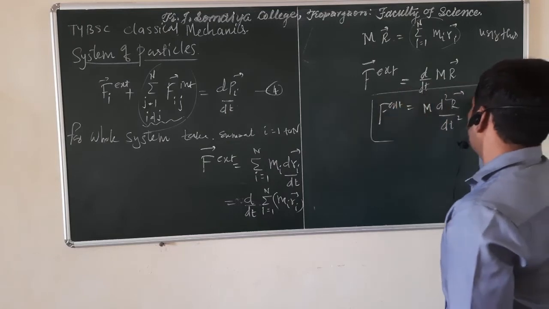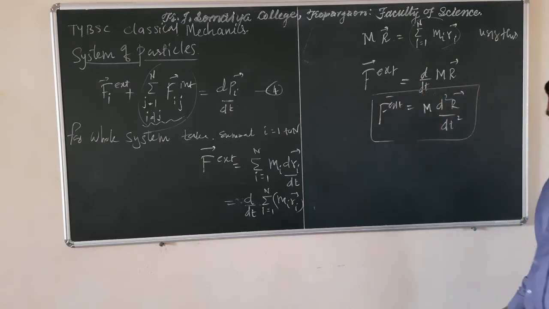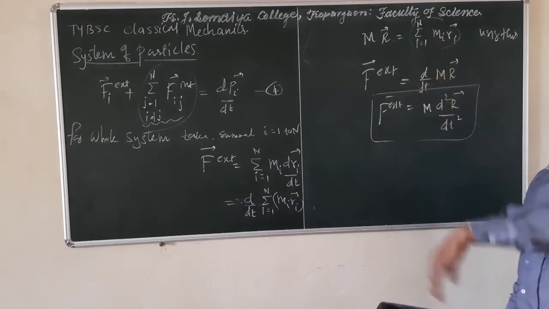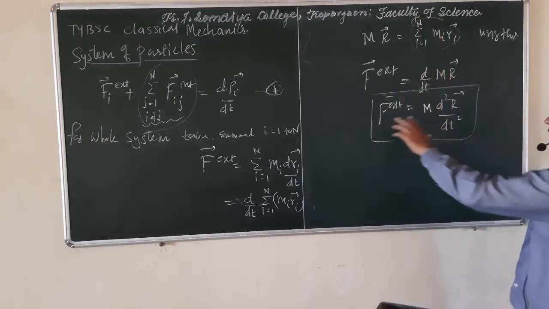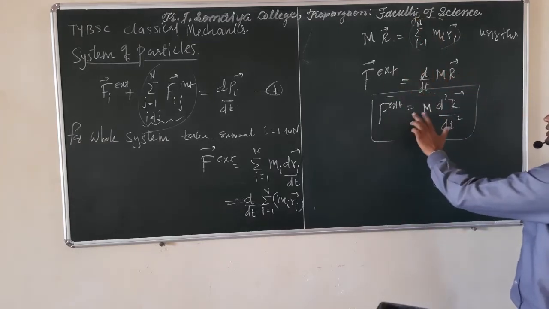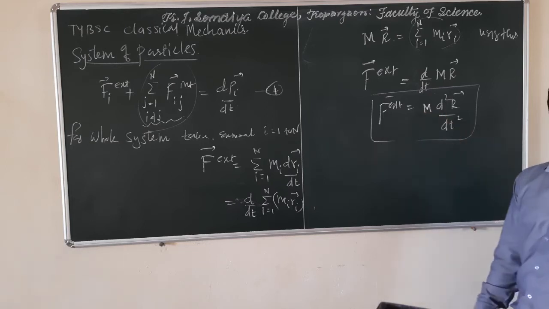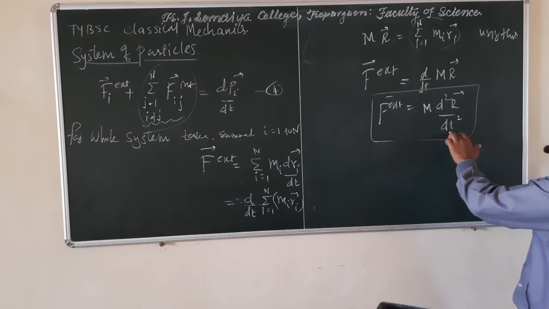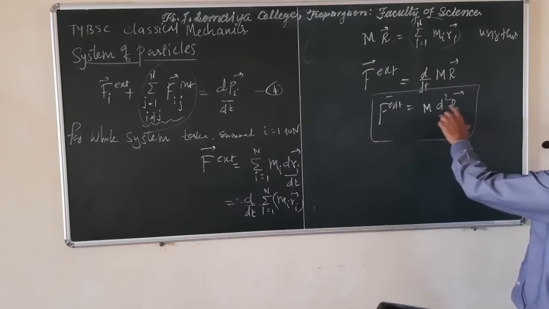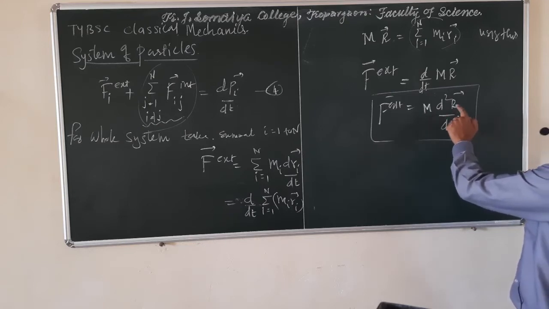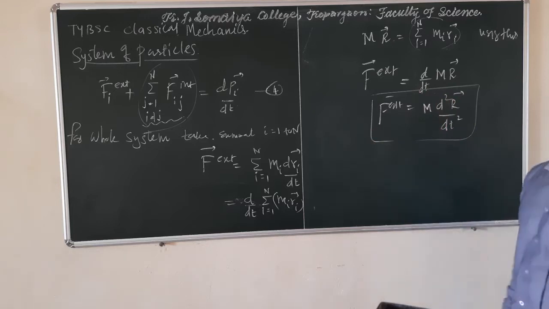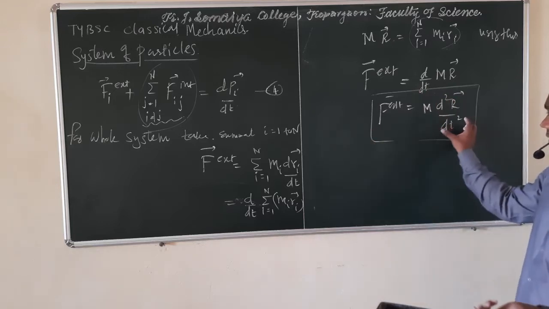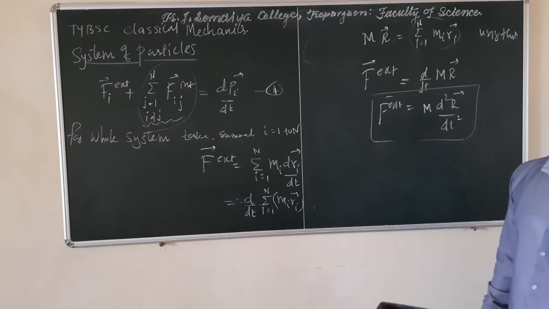See, if you apply an external force to the whole system, then that external force is equal to capital M, the mass of the whole system, multiplied by d2r by dt square. This is the acceleration of vector r. Vector r is the position of center of mass. Means what? This is the acceleration of center of mass.